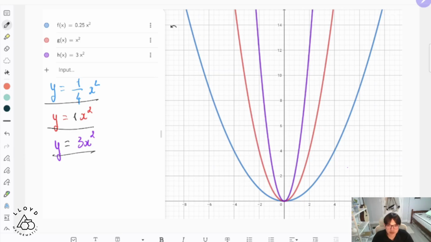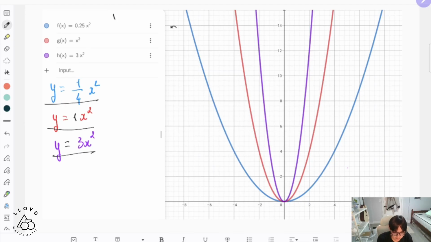What are the differences between them? Look at the shape, right? The blue one looks wider than the other two, the red is the middle one, and the purple is the narrowest compared to the other two graphs. Why is it? It's just the difference in the coefficient of x squared, which is the a number.